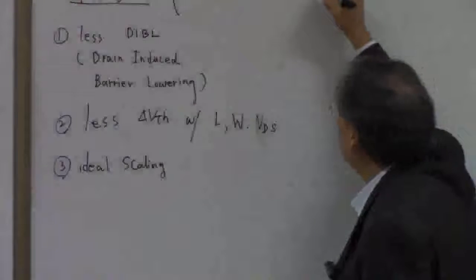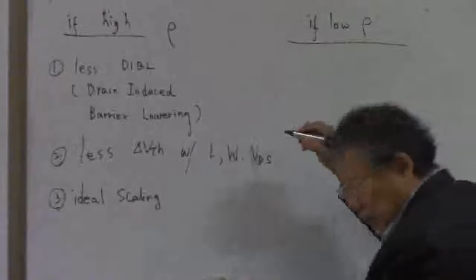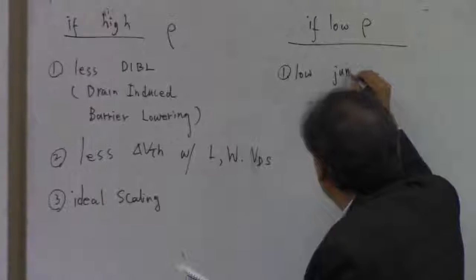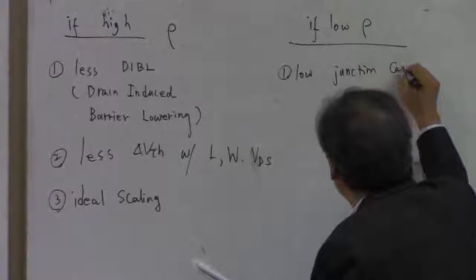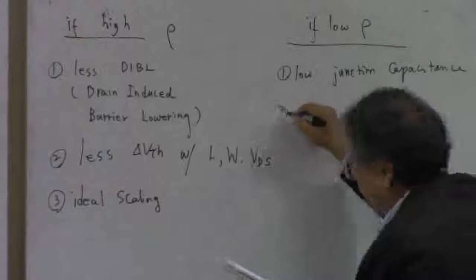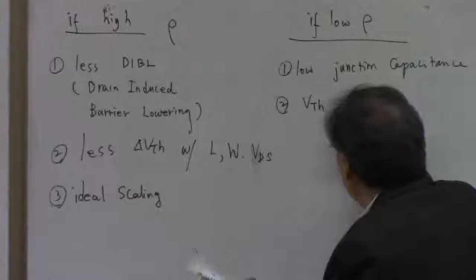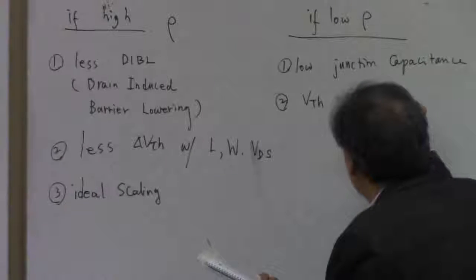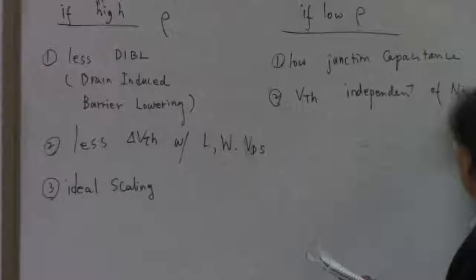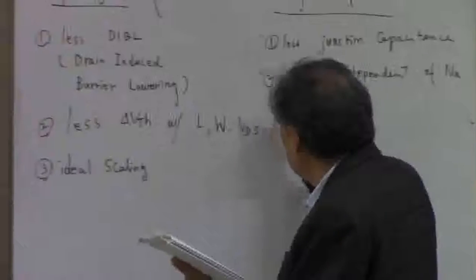On the other hand, if we have a low resistive substrate, then we have low junction capacitance, and that is a good point. And threshold voltage becomes independent of Na. Okay, the substrate doping is not that sensitive.